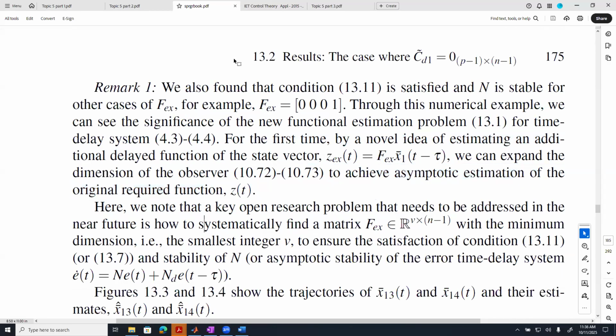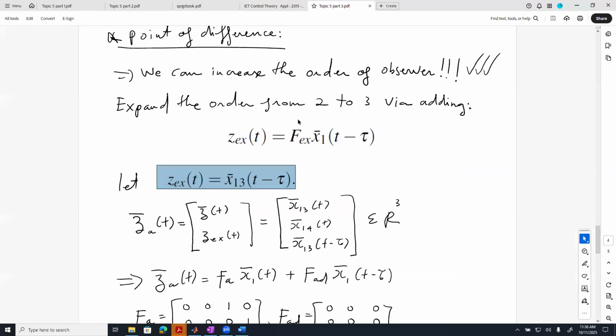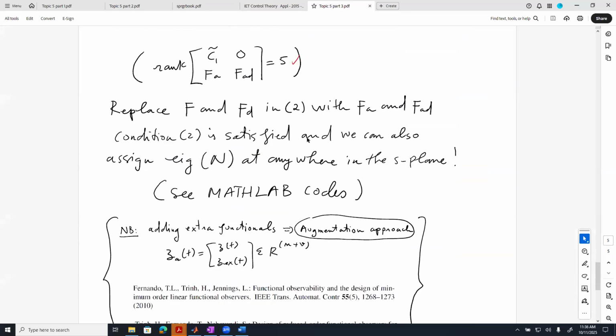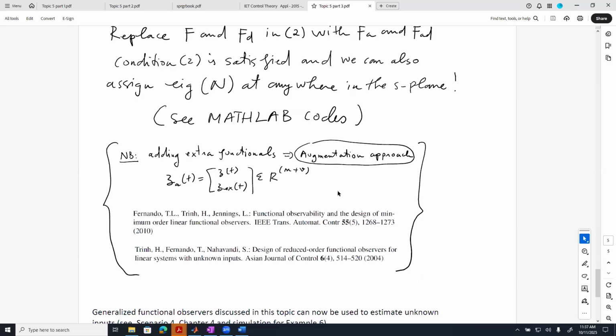Now, the idea of doing this comes from, which is basically we can think of it like an extension of the augmentation approach available in the literature that was done for linear systems without time delay.